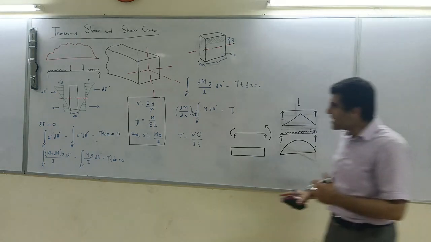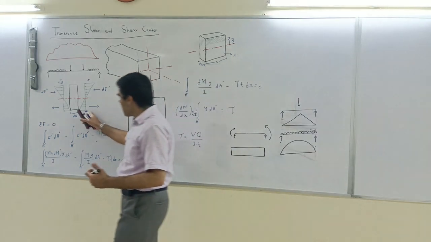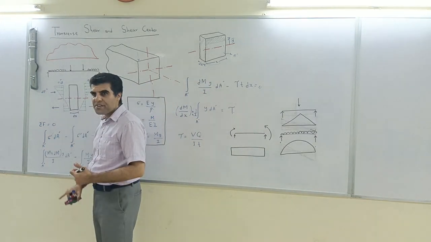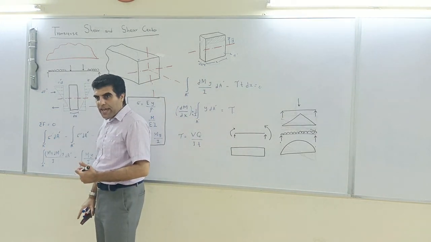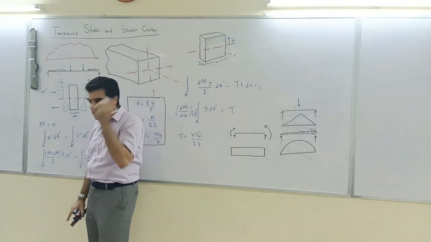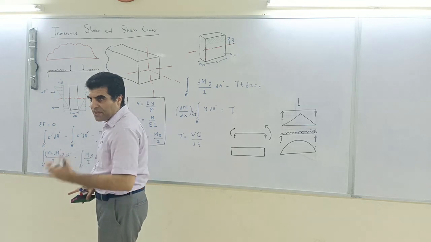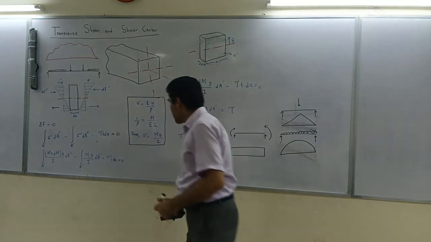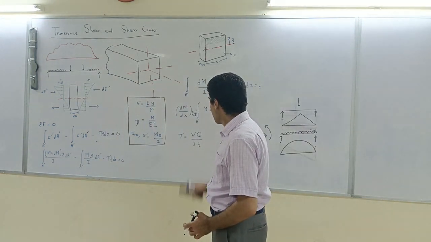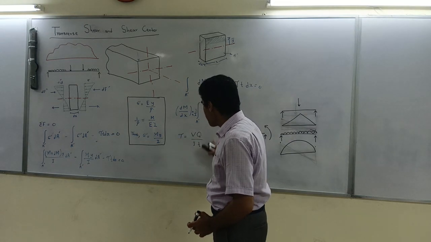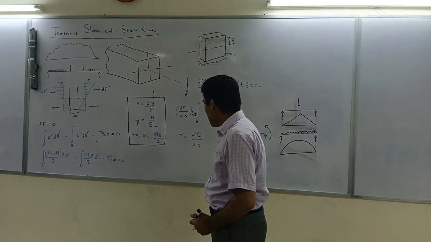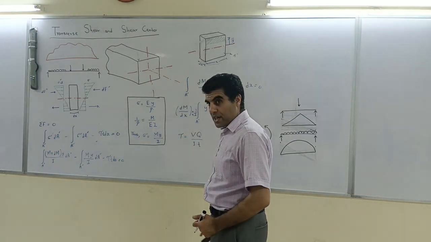And if you want to find out shear between any two points, you take the difference in the moment, and divide it by the length dx, you will get the shear, and that's what we have learned in our MOS II. So this is the shear equation, which is called VQ by IT.